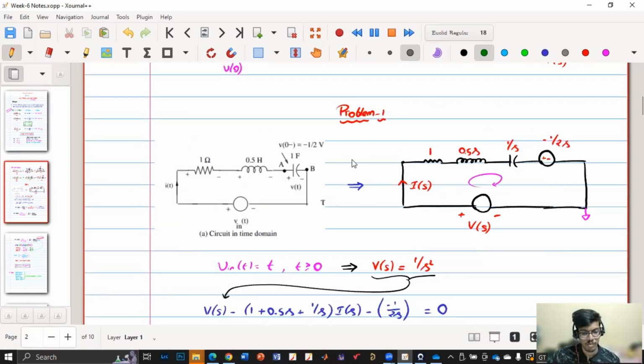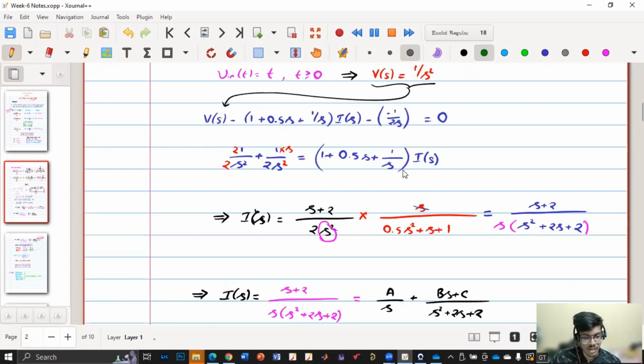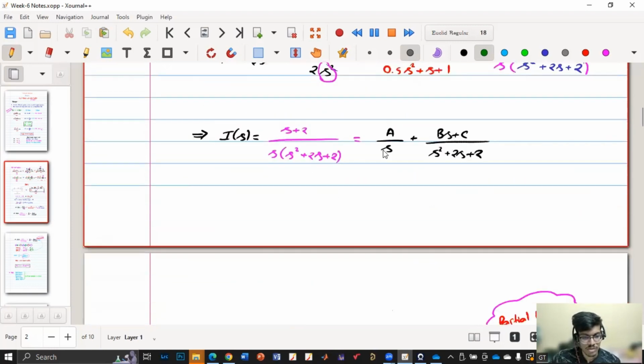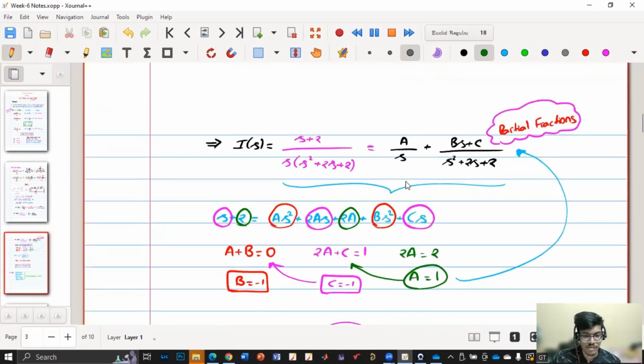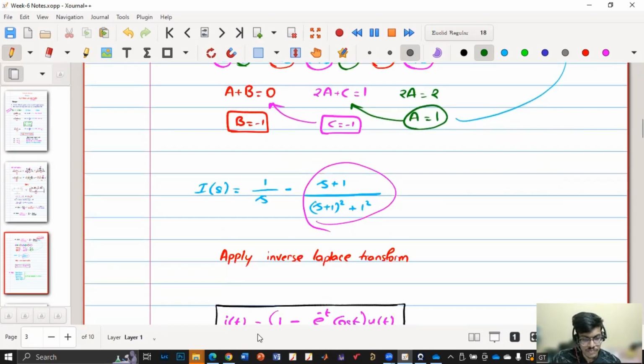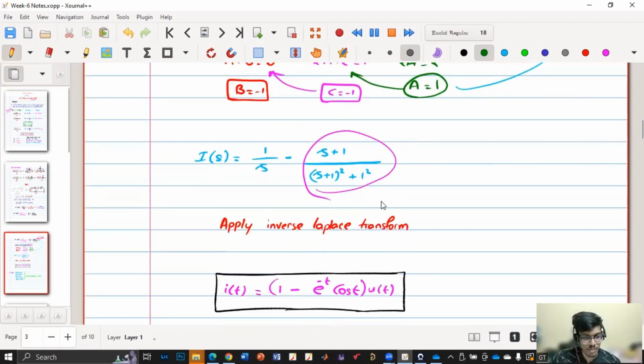Followed by one problem, we replaced the capacitor with a normal capacitor as well as the voltage source, and applied KVL to get I of S. Then using partial fractions, we divided this into two different fractions, and using the inverse Laplace transform formula, we obtained the solution.